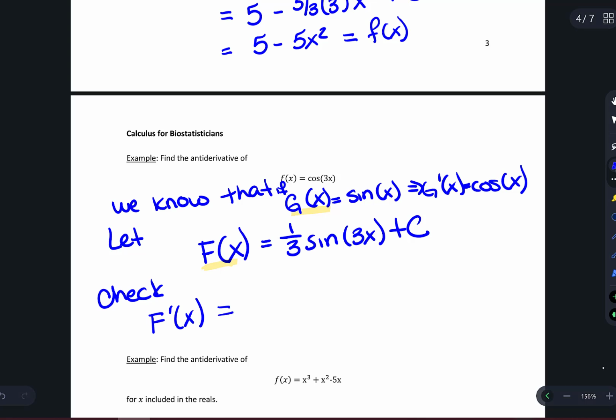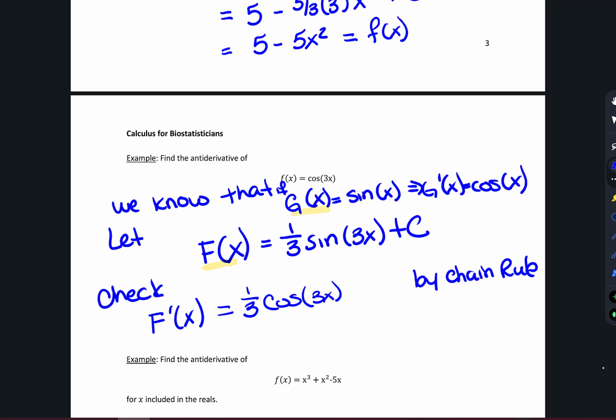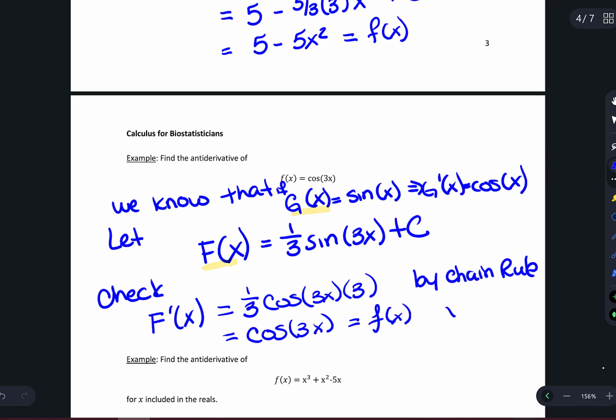Notice that by the chain rule, our constant stays out front. We know that the derivative of the sine of 3x is going to be equal to the cosine of 3x. But by the chain rule, I also need to multiply by the derivative of 3x, which is equal to 3. And notice 3 times 1/3 is 1. So we get the cosine of 3x, which is in fact equal to f of x. And so that checks.